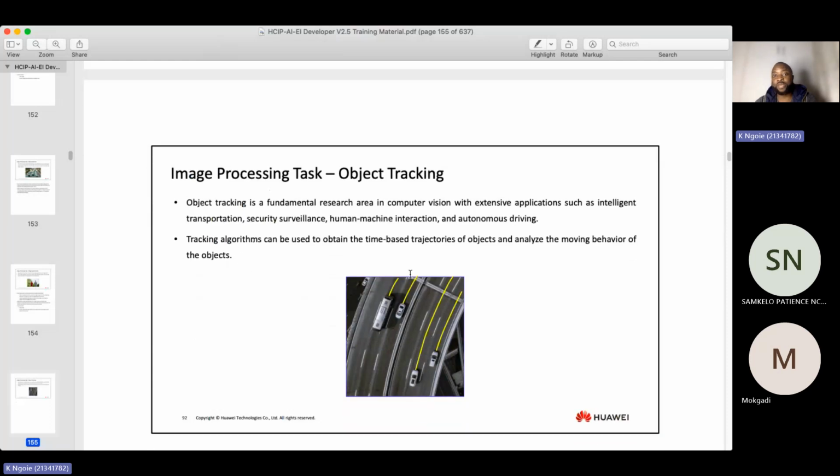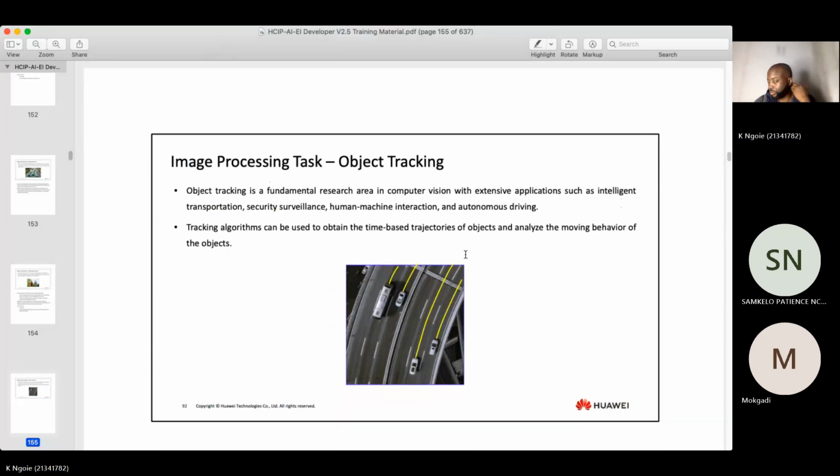Okay, so we can have image tracking. So this processing task of image tracking, that means object tracking, is just one of the areas of computer vision, right? Where we use it especially with intelligent transportation, security surveillance, human machine interaction, self-driving cars.